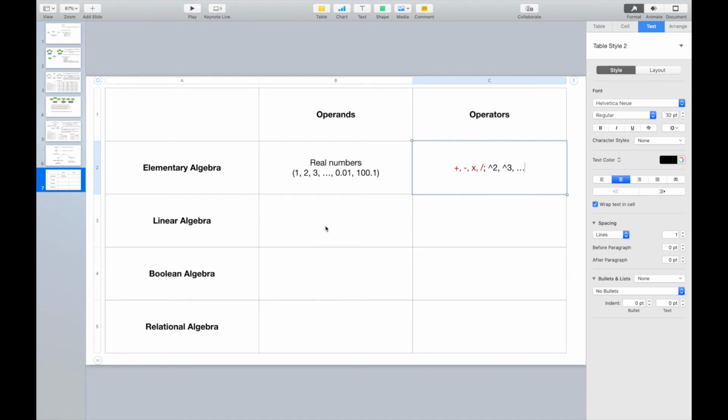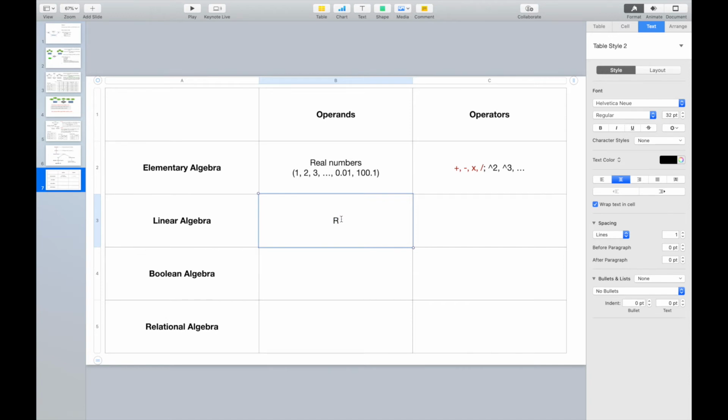How about the linear algebra? Linear algebra works on the vector space. In other words, the operands we have will be vectors. We can represent these vectors using R, where R denotes the real number domain.